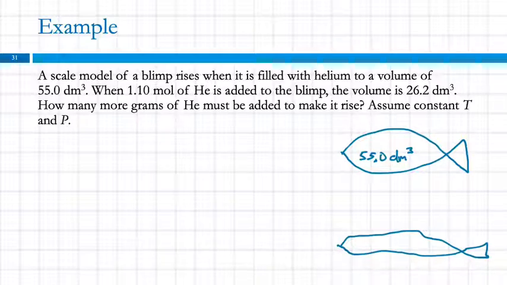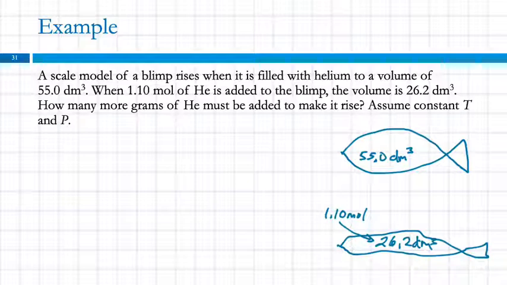When 1.1 mole of helium is added to the blimp, so the blimp was empty to start with, and so we put in 1.10 moles of helium, and that gave us a volume of 26.2 cubic decimeters. So we've got N, and we've got 2 volumes, right?